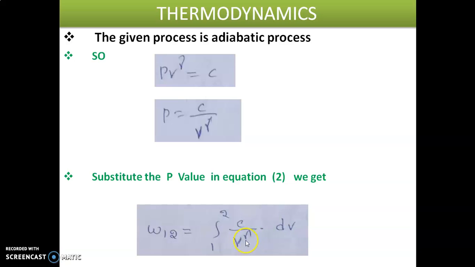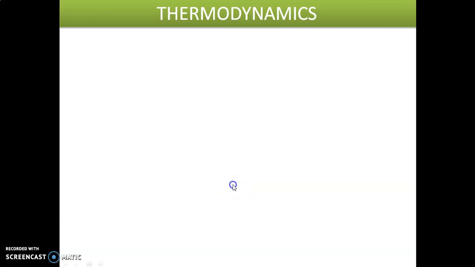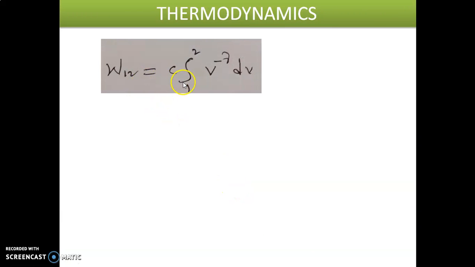Bring this V to the power of gamma to the numerator. It becomes W1 to 2 is equal to C into integration 1 to 2 of V to the power of minus gamma dV. C is the constant, so we have taken it outside the integration.